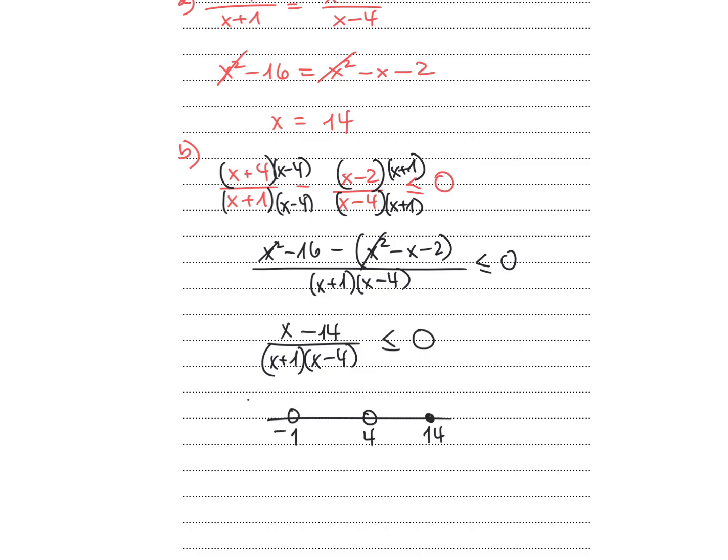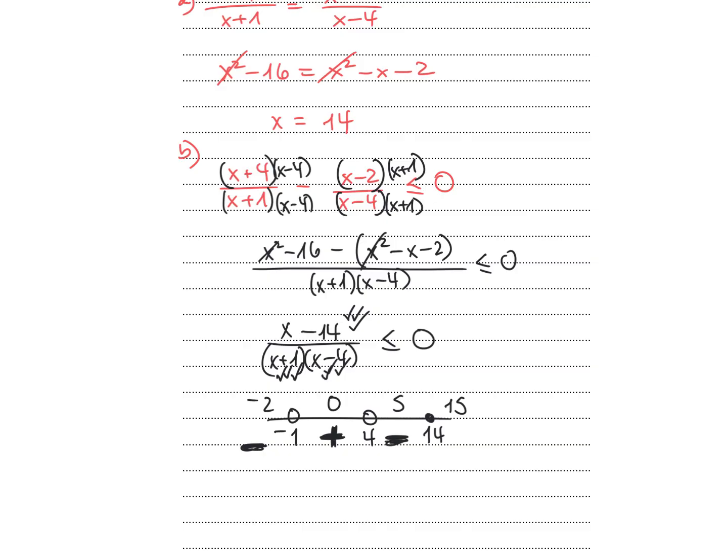Test points. So when we substitute -2 in, we're going to have a negative over a negative times a negative. So that's going to be a negative here. 0 is going to be a negative over a positive times a negative. So this is positive. 5, a negative over a positive, positive.